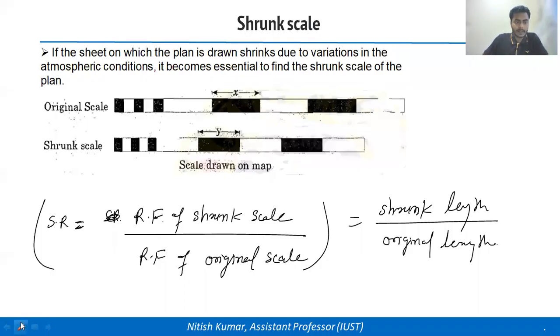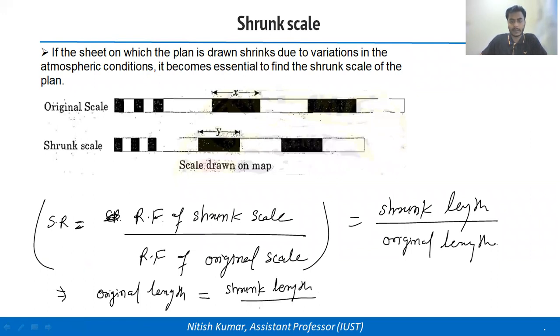So from here we can write original length is equal to shrunk length divided by HR, shrinkage ratio. Okay, so just remember this formula.